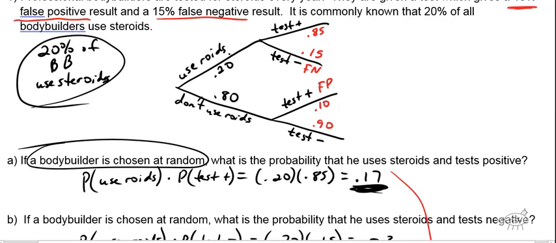Do you guys agree testing positive could either be using steroids and testing positive, or not using steroids and testing positive? It's one of those two. So it's using roids and test positive, or, ding ding ding, what does the word or mean? It means add. So I'm going to do multiplication for using steroids and testing positive, or you don't use steroids and test positive. So you can see there's multiplication, there's addition there.